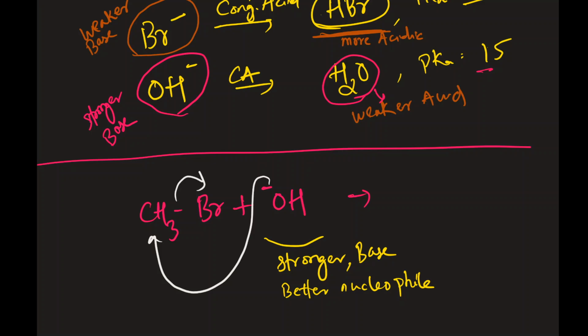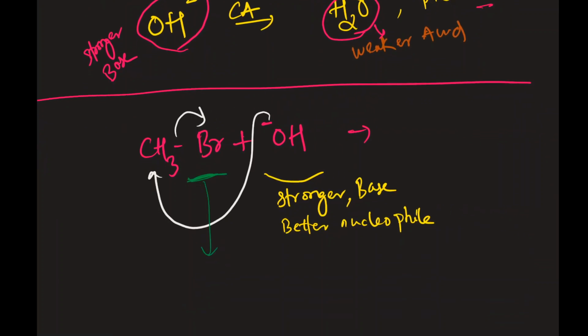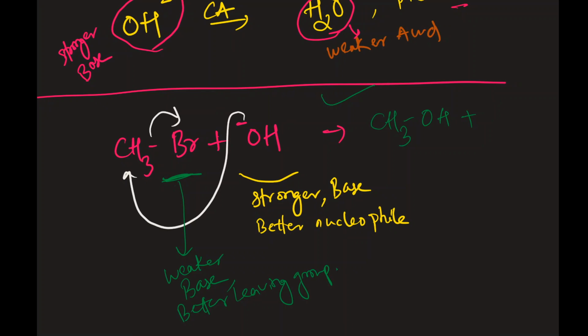And Br minus is a weaker base. Weaker base means better leaving group. So our reaction should be possible, right? We are able to replace our bromine with the hydroxide ion. That's our substitution reaction right there. All right, I'll stop the video here and we will move on to the next concept.